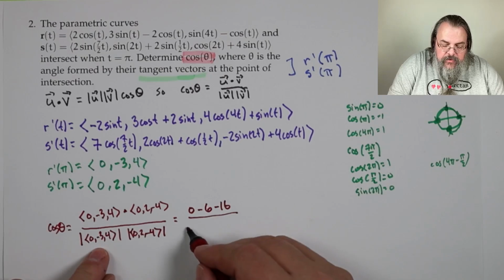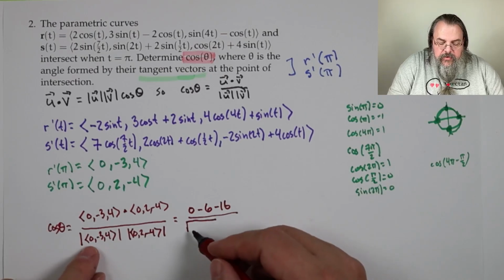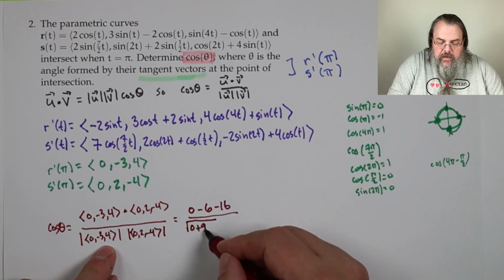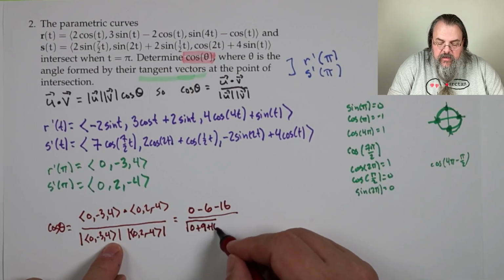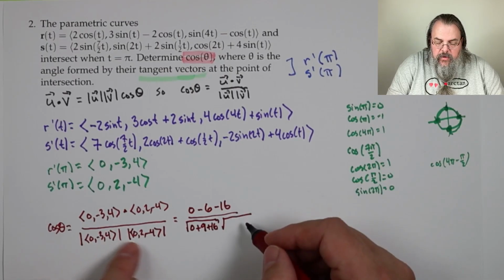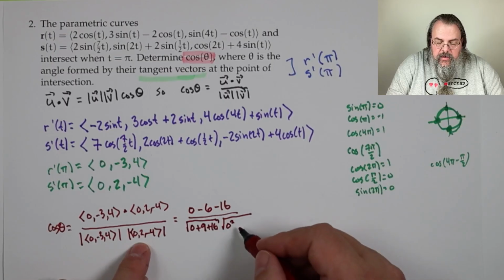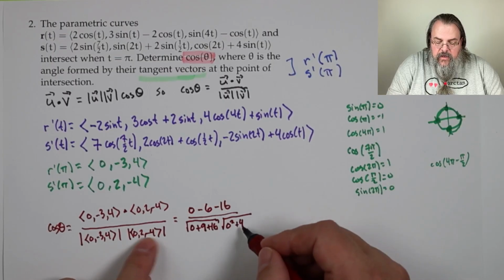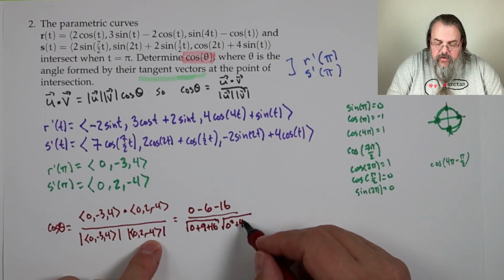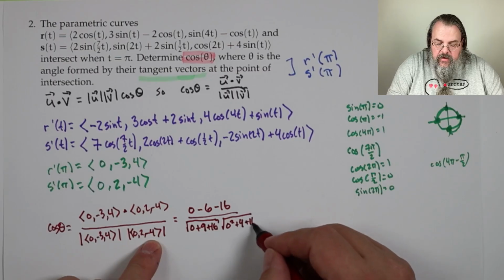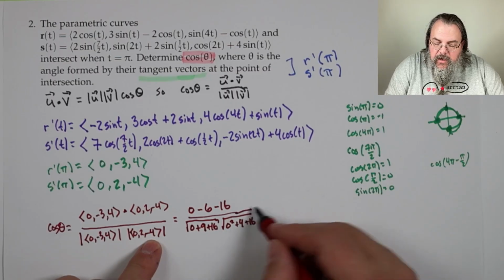Now magnitude involves a square root, and you square the entries. So 0 squared is 0, negative 3 squared is 9, 4 squared is 16, and then another square root: 0 squared, 2 squared is 4, and negative 4 squared is 16. Don't know why I put 0 squared, but all right.